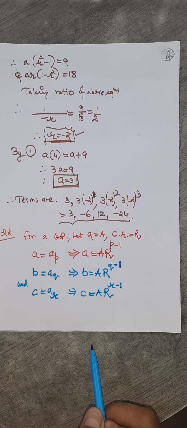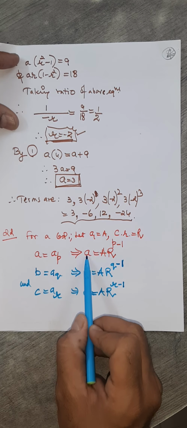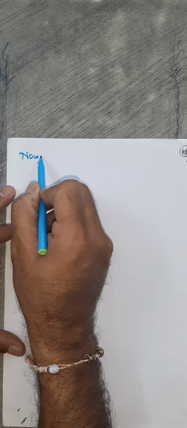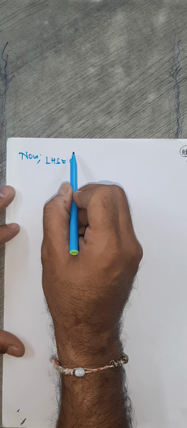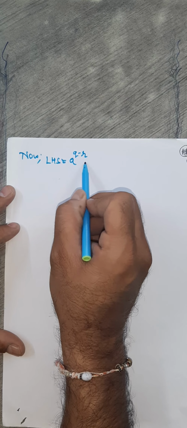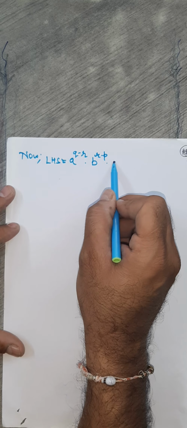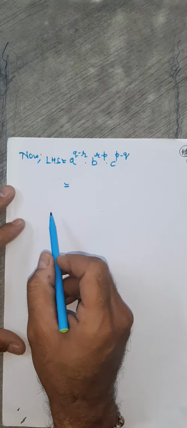Now there is nothing, you just start with the LHS of what you want to prove and you just place the values of a, b and c. Fine. So I'm just starting with the LHS of what you want to prove. Left hand side. What is the left hand side? That is a raised to q minus r into b raised to r minus p into c raised to p minus q. Okay, small a. What is small a?